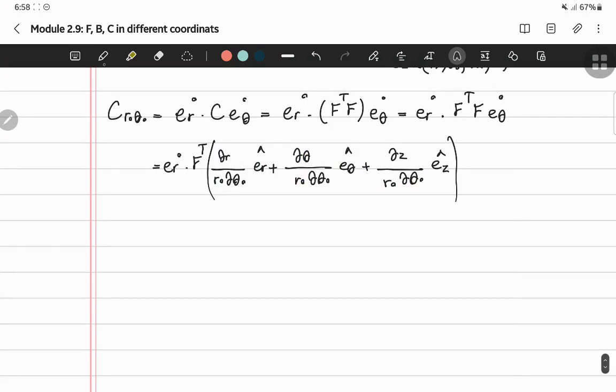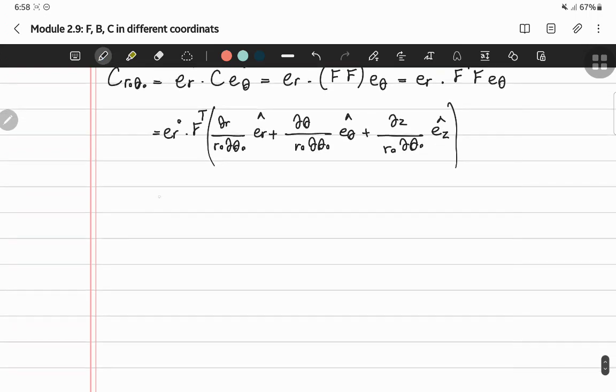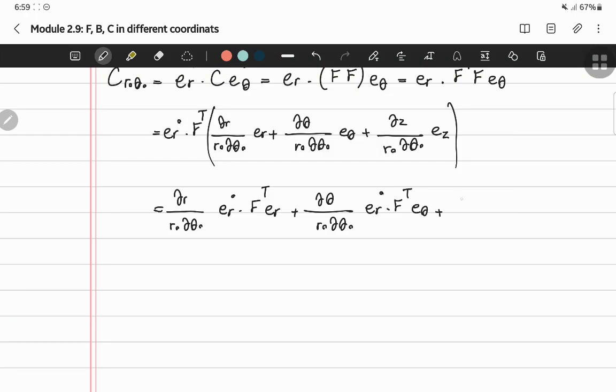All right. So next, we have to write partial derivative of R0 theta 0. Then we have ER0 dot F transpose ER. Let me just get rid of these hats. You know that these are unit bases. Plus partial derivative of this F transpose E theta, plus partial derivative of Z0, this is ER0 dot F transpose EZ.